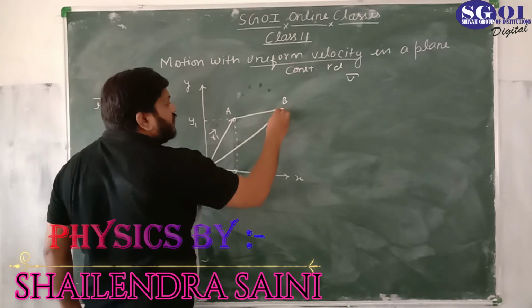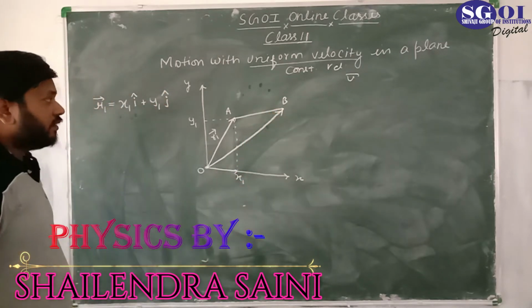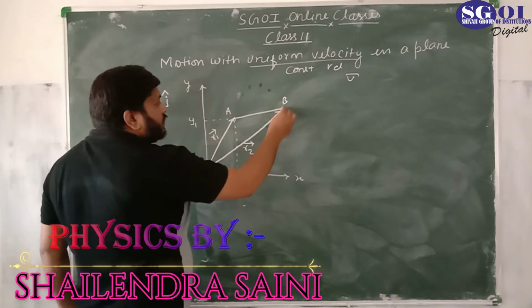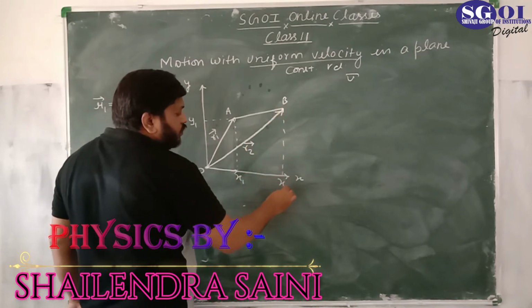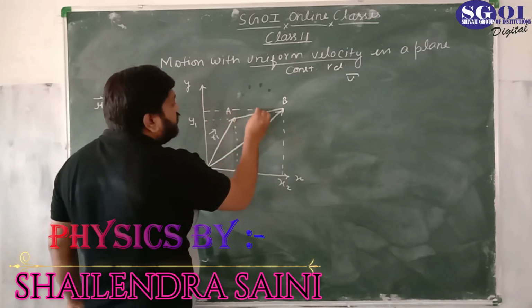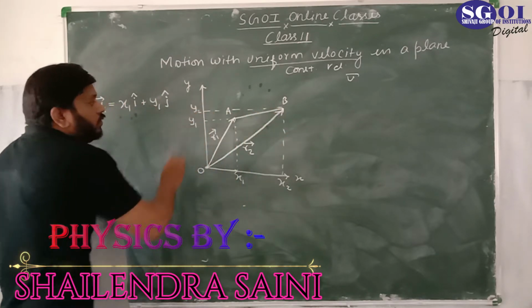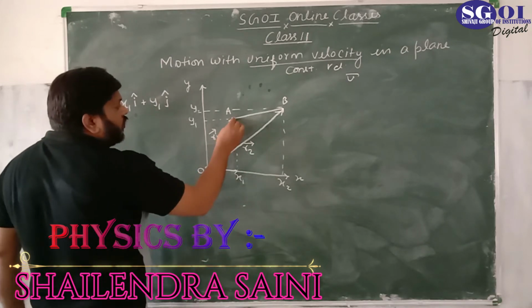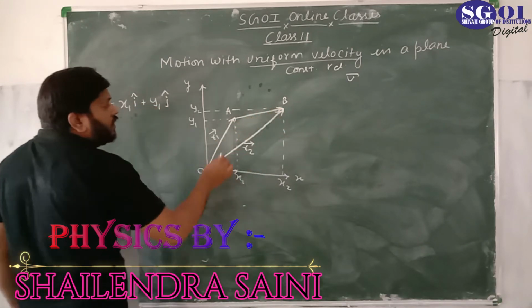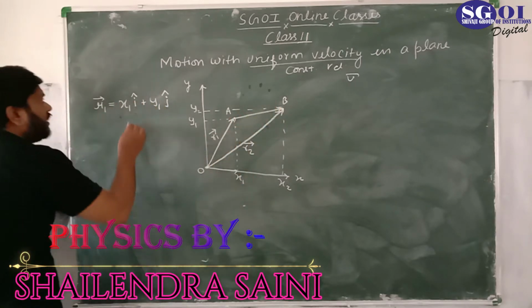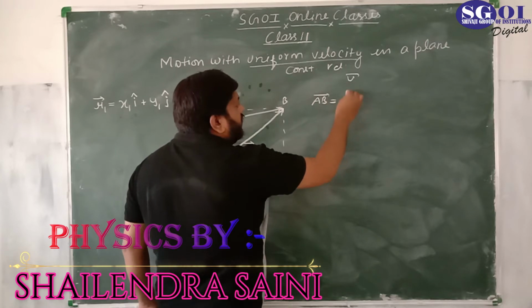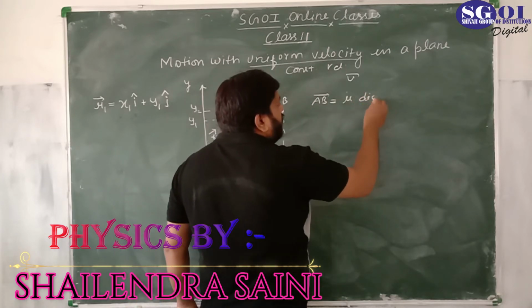This vector is represented by R2 vector, with coordinates x2 and y2. You are seeing here that the object goes from here and finally reaches here. So this AB vector is the displacement vector.